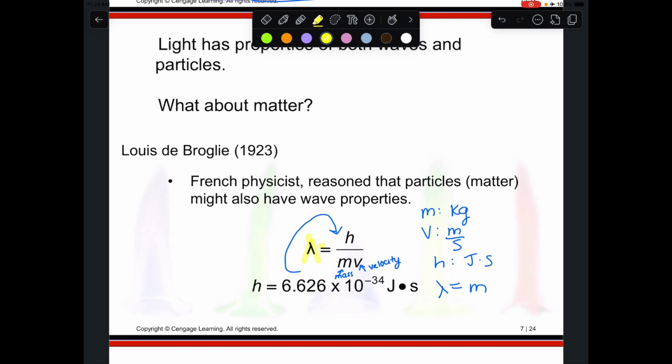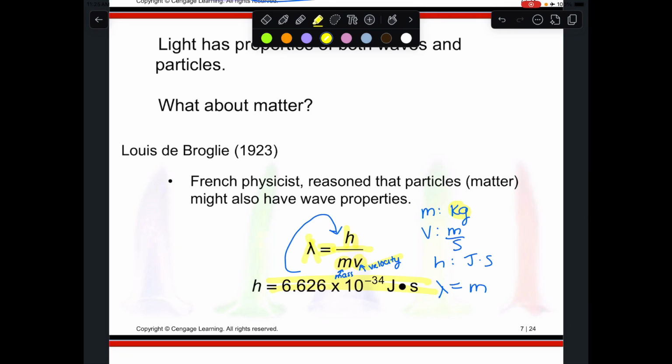This is an equation I will provide you on all exams, and it is, again, wavelength equals Planck's constant, which you would know to be 6.626 times 10 to the negative 34th joule seconds, divided by m, which in this case is mass, and v, which is velocity. Again, I want to remind you that the units need to be correct for this equation to work.